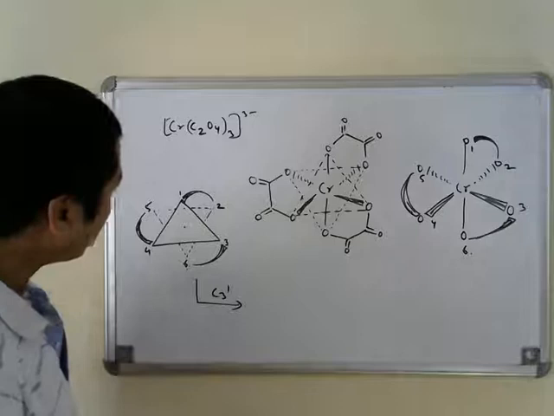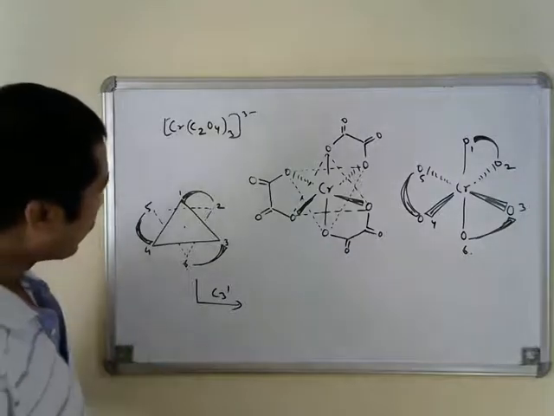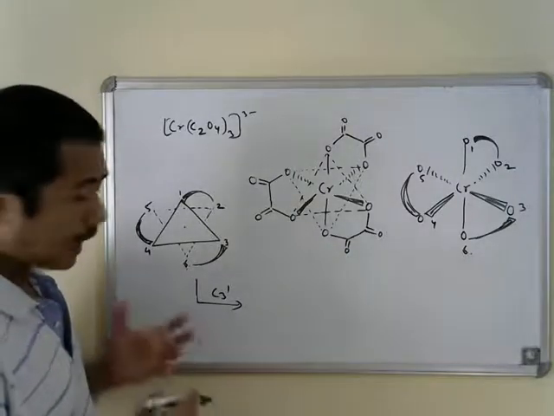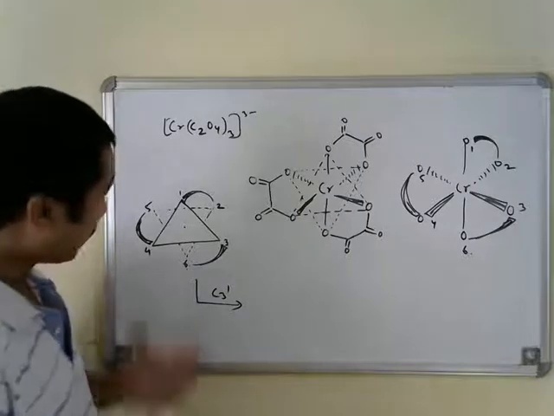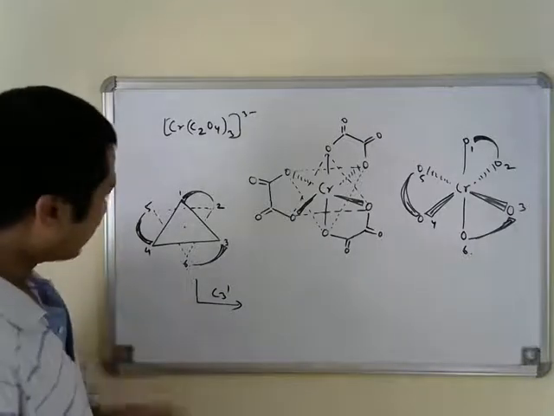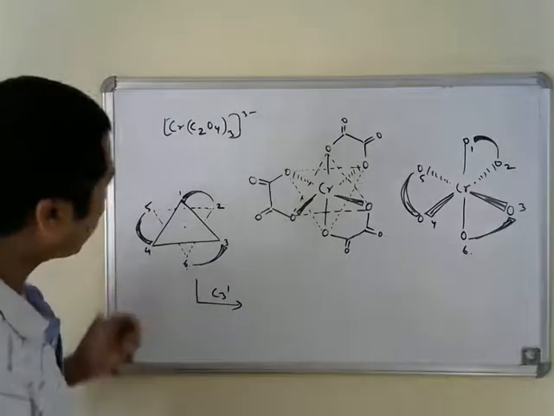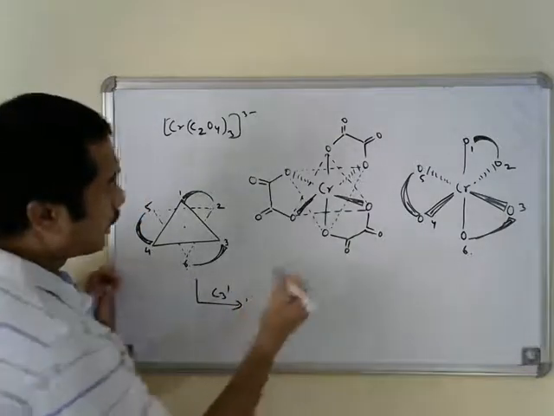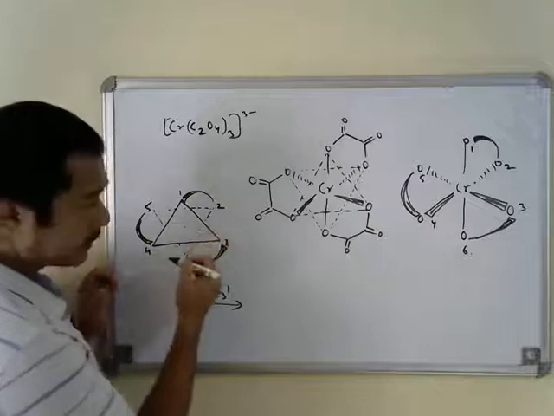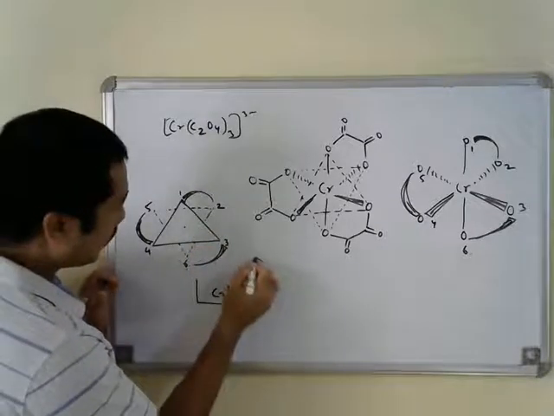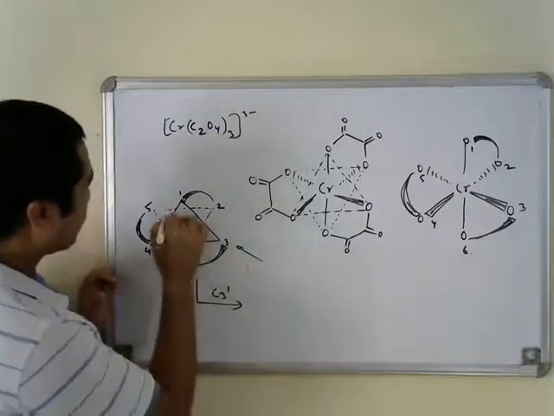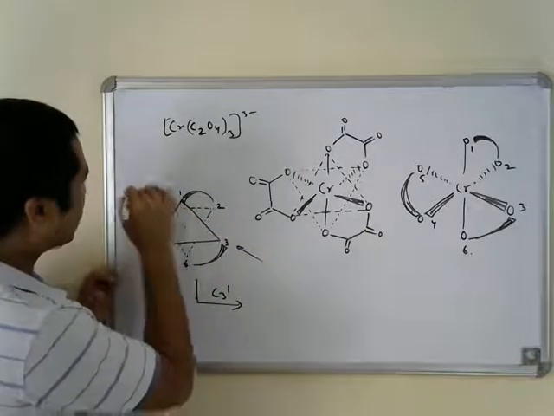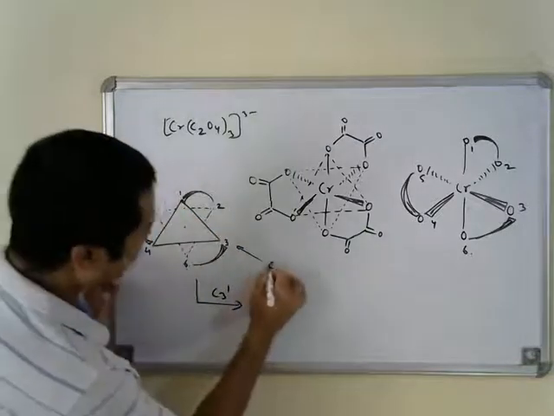If you look carefully again, you will find that there are three C2 axes which are perpendicular to the C3 axis of symmetry, and they pass through the chromium center once again, and they lie between the triangular faces actually. The first C2 axis passes through in this direction. So this is how the first C2 axis passes through.